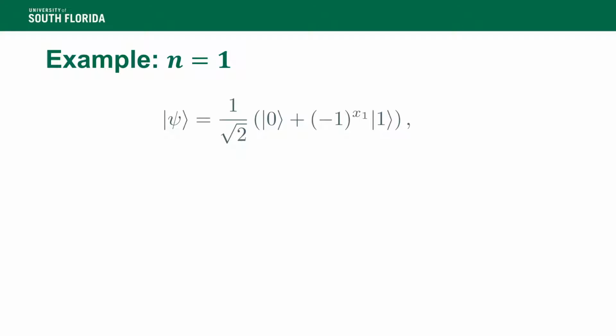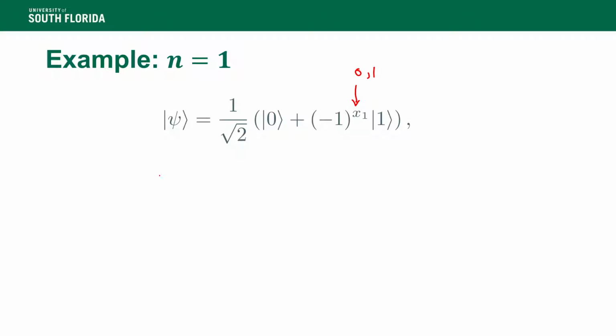So this is the shape of psi, and in the case where you're looking for a rational phase, then this x1 is going to be 0 or 1. And so how do we do this?